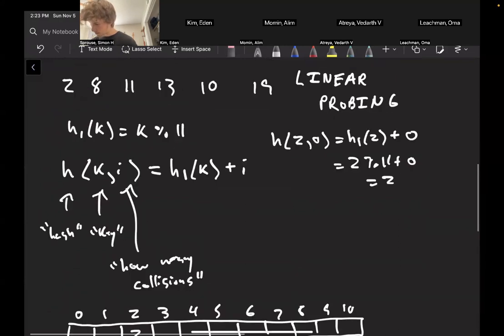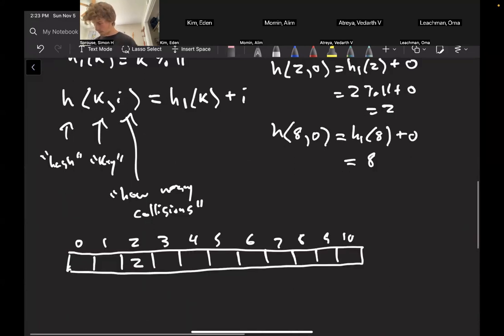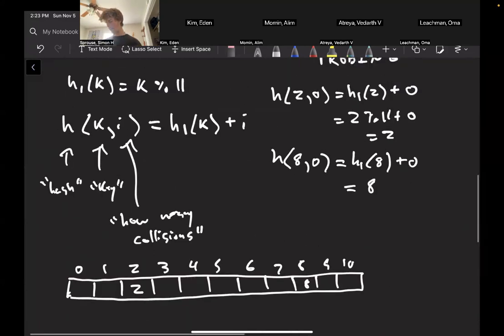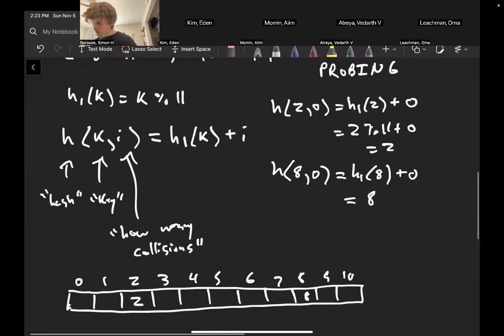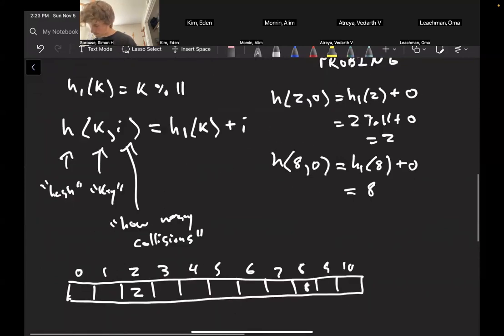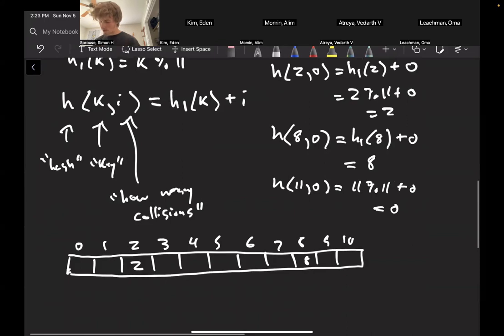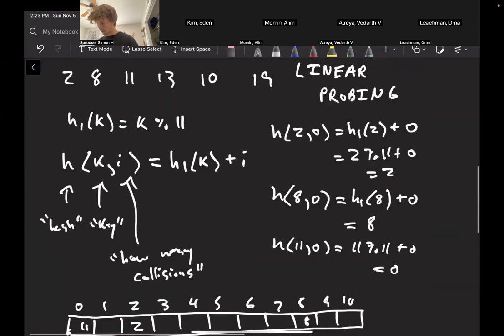Now let's insert 8. So hash of 8, 0 is same idea as before. 8 mod 11 plus 0 is 8. And then h of 11, 0 is going to be 11 mod 11 plus 0, so this is 0. So no collisions thus far.